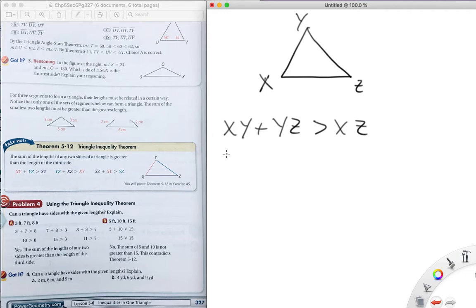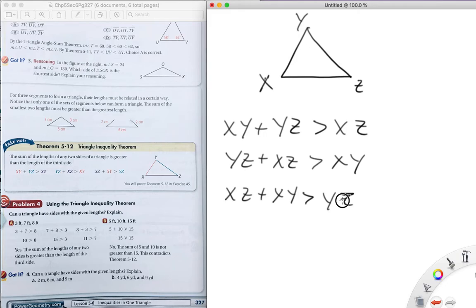Side YZ plus side XZ has to be greater than side XY. And side XY plus XZ has to be greater than side YZ.